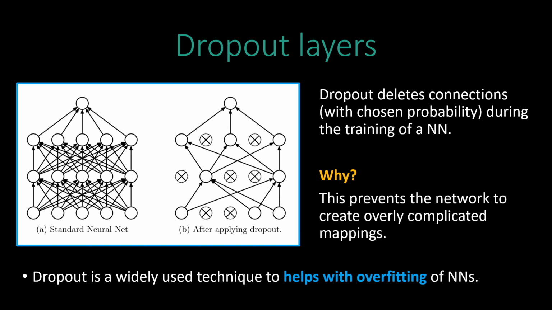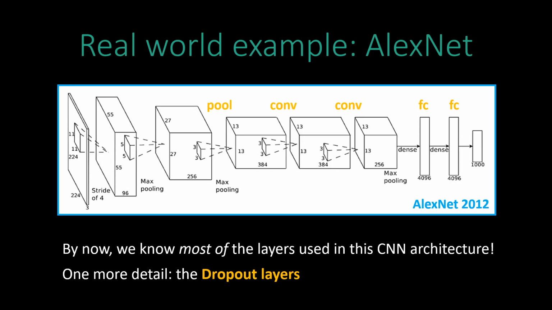Okay, and so if I go back one slide, how you use dropout is that you will add that as an operation in between the other layers. So you would drop some of these connections with some probability, and then drop some of these connections with some probability here.